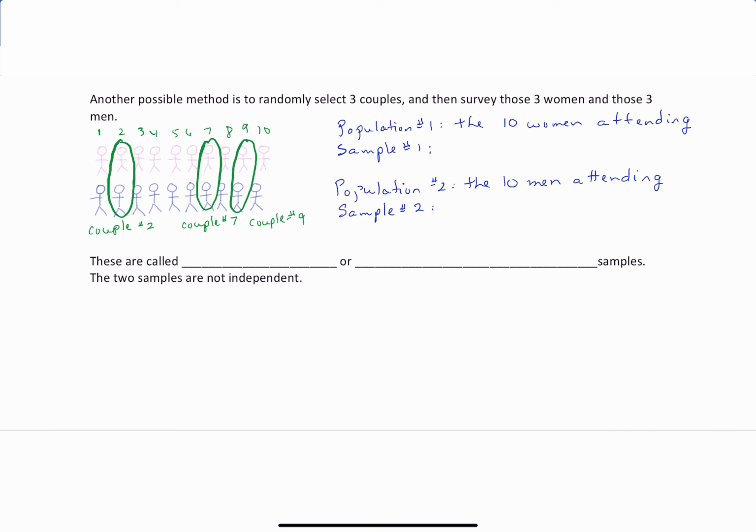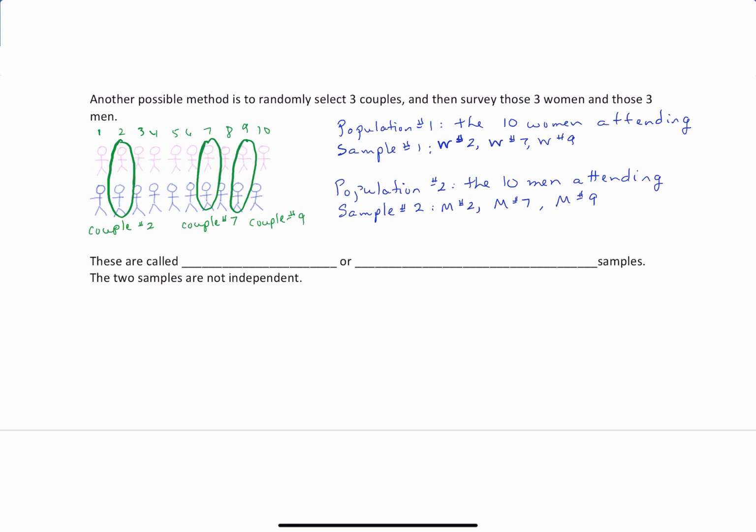That still gives us 2 different samples, a sample from each of the populations. Sample number 1 is woman number 2, woman number 7, and woman number 9. Sample number 2 is man number 2, man number 7, and man number 9. So still 2 separate populations with a sample from each population.